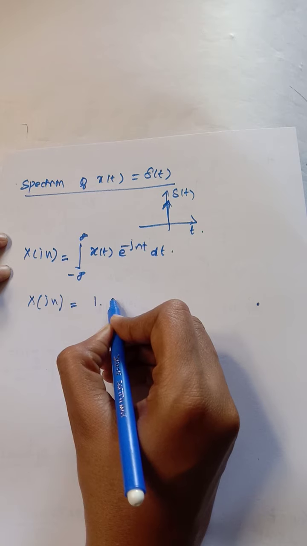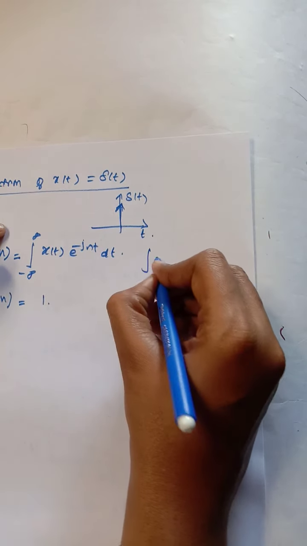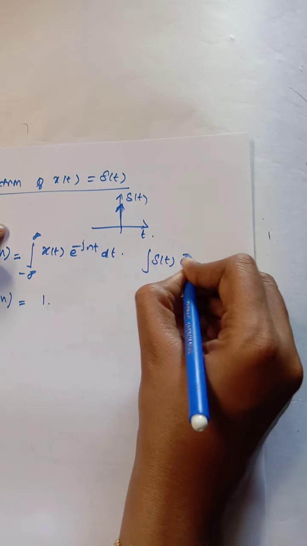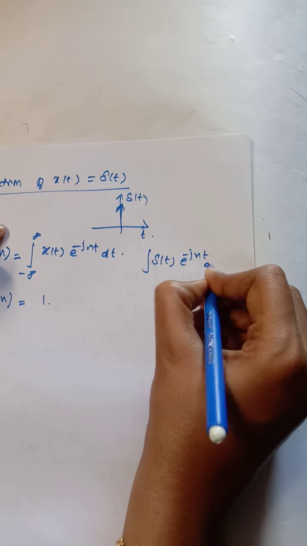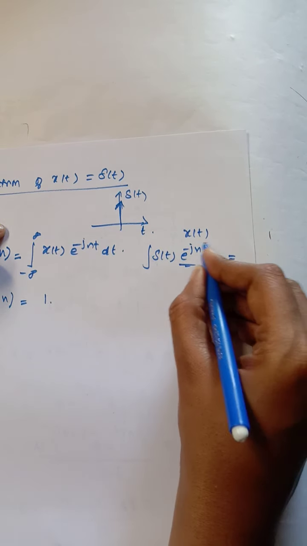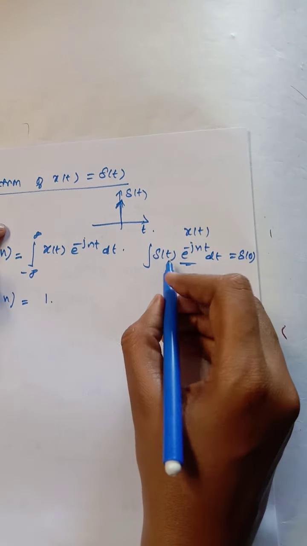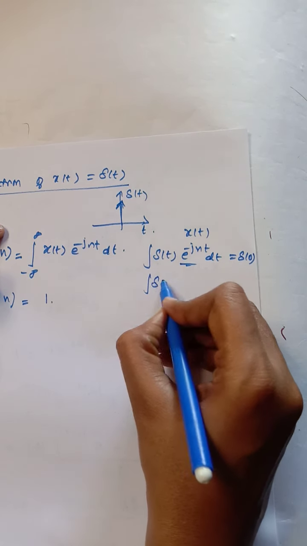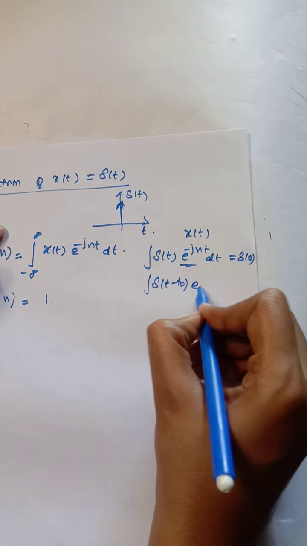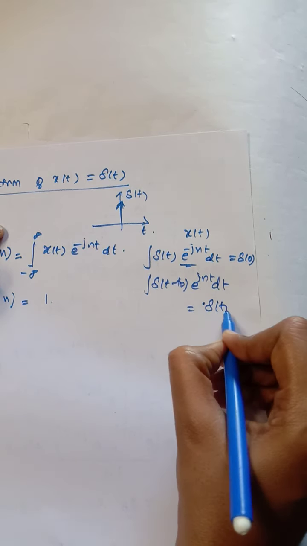We have already studied that when you integrate with this impulse signal, you get the value of the signal at that point. So if you integrate x of t minus t naught into e power j omega t dt, you will get the value at t naught.